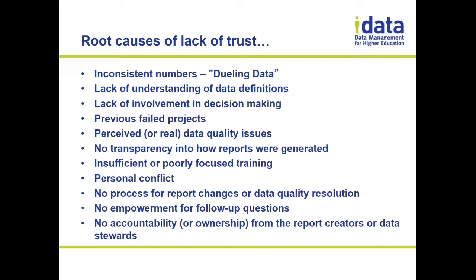The other thing that can cause this is no empowerment for follow-up questions. So if I'm seeing something, even if I trust it and believe it, I'm seeing that the enrollment now is 1,500, and last year it was 1,550. I might say, well, is this a trend? Like where's our biggest loss, or what was it the previous year? To better understand this, I've got a bunch of follow-up questions.